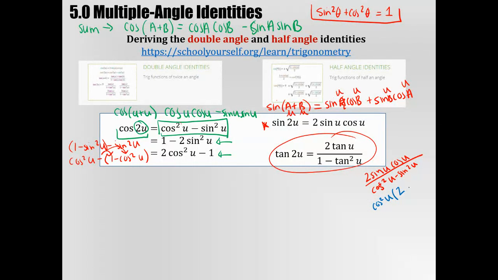That cosine is going to go away, but I'm still missing one, so it would be sine over cosine in the numerator. And in the denominator, if I factor out cosine squared mu, I would end up with 1 minus sine squared over cosine squared, which cancels. So I end up with 2 tangent over 1 minus tangent squared mu. Oh my goodness, check that out. Pretty cool, right? You can come up with that.